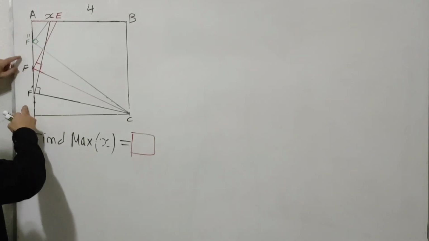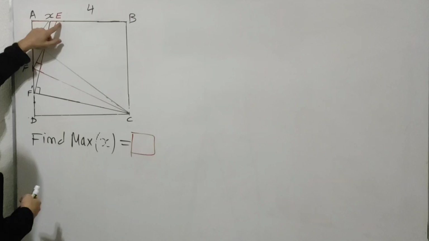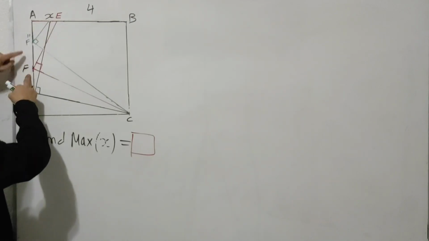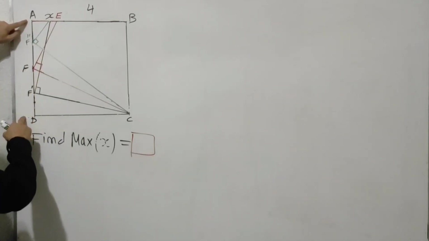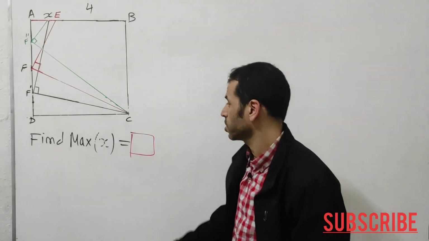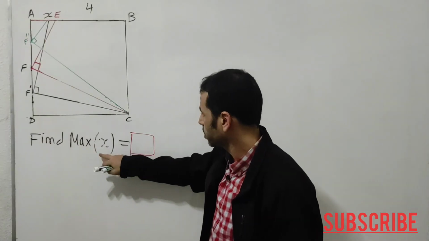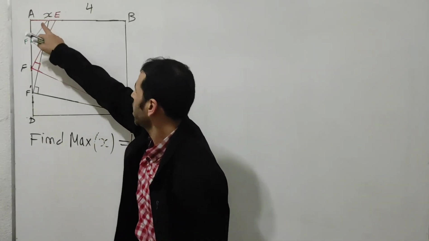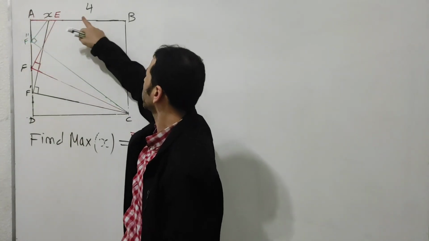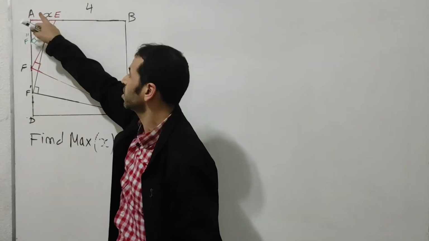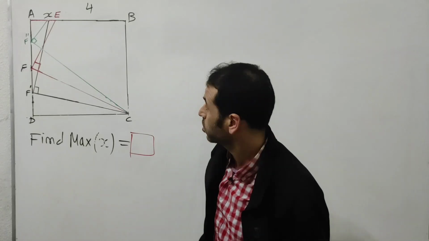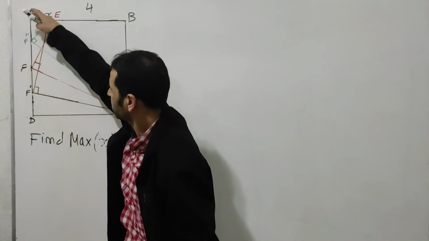So whatever you change, notice the point when F was the midpoint of the segment AD. This information tells us we get the maximum distance of x, while E is moving along the segment AB, when F is the midpoint of the segment AD.